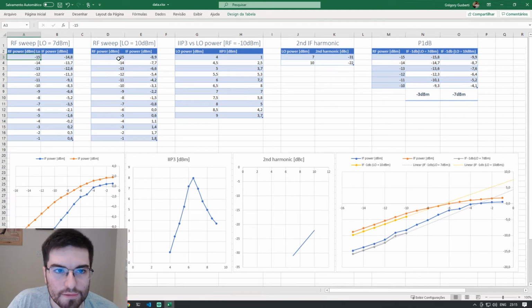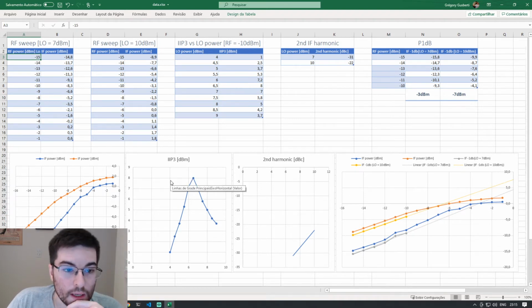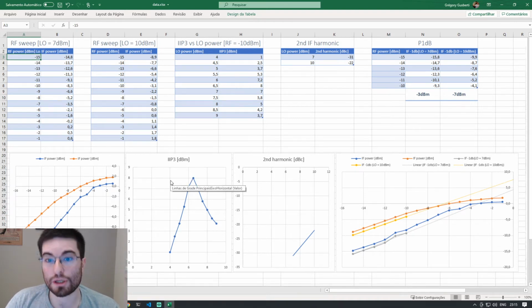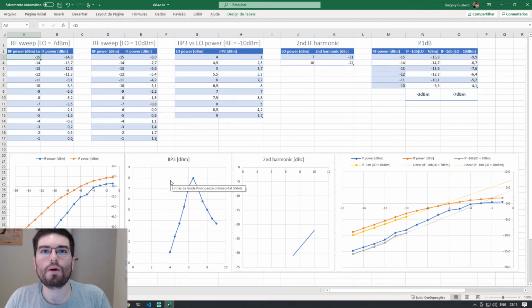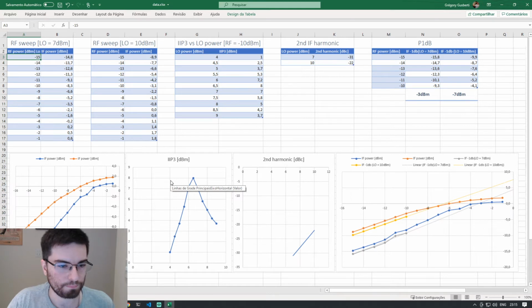And here we can see the conversion gain, guys. We are inputting in the system minus 15 dBm, and we are getting on the output minus 9 dBm. So a 6 dB gain. Very interesting. But you're gonna see that this is not magical. We're gonna lose some in other aspects when we increase the LO power to get more gain of the circuit.